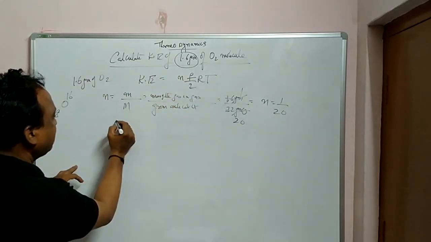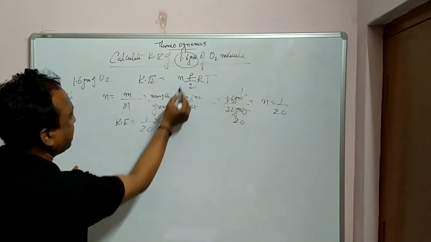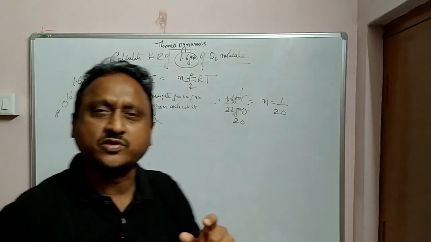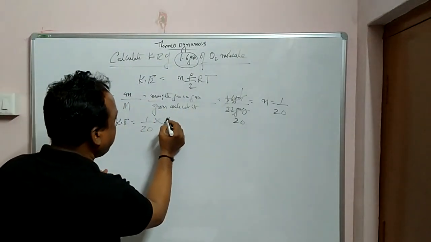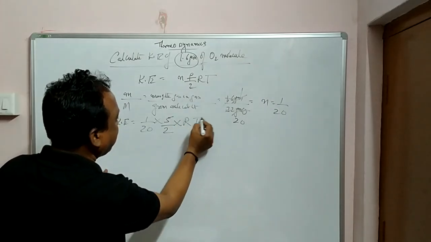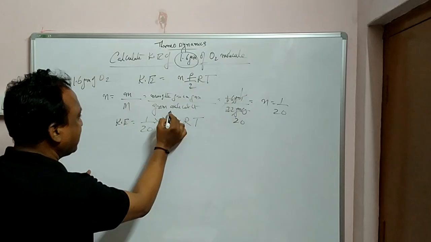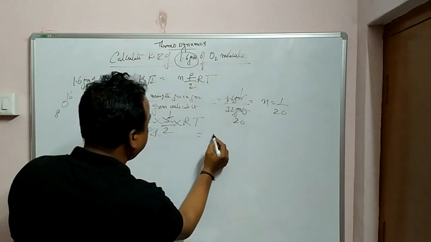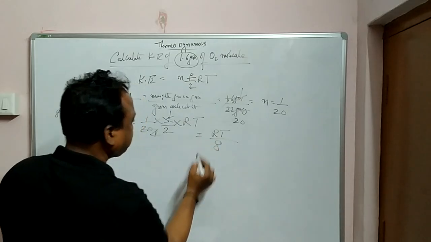Put it here. So kinetic energy is equal to 1 by 20 into the degree of freedom. Oxygen is a diatomic gas, so the degree of freedom is 5 under normal conditions. 5 by 2 into R. You can keep R and T as they are, because their values are not given. 5 ones are 5, 5 fours are 20, so the answer is RT by 4 twos are 8: RT by 8.